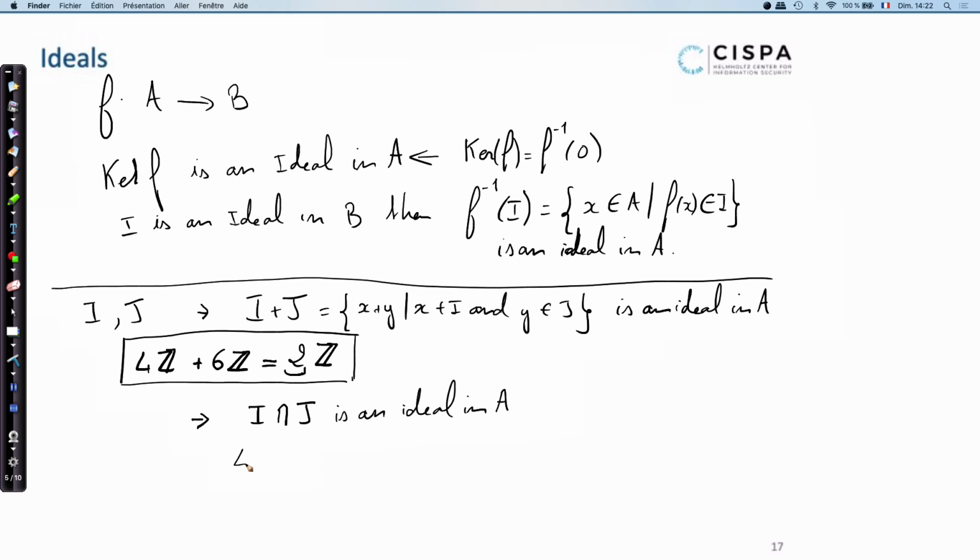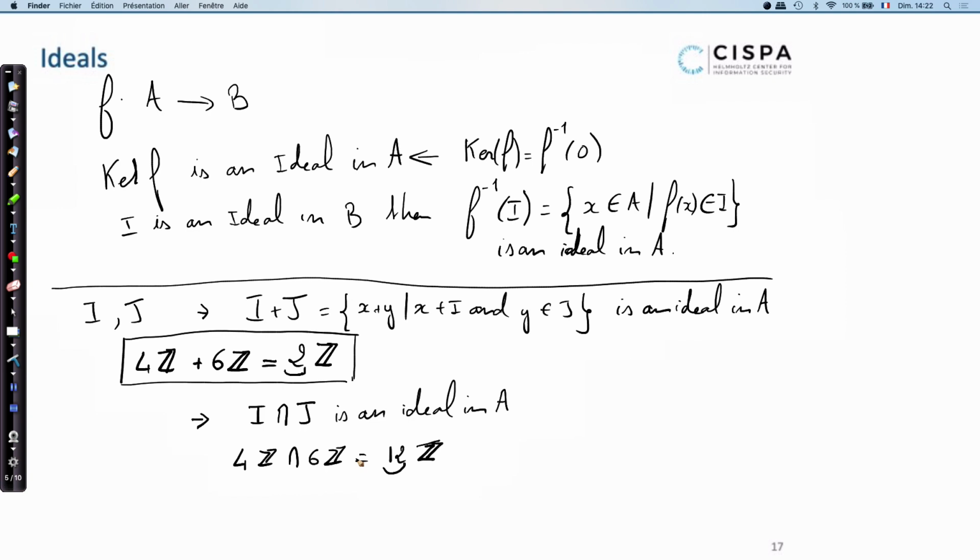And for example, if we take 4Z intersection 6Z, what we get is 12Z. And for the case of ideals in the integers, the number we get here is the lowest common multiple of the two numbers.